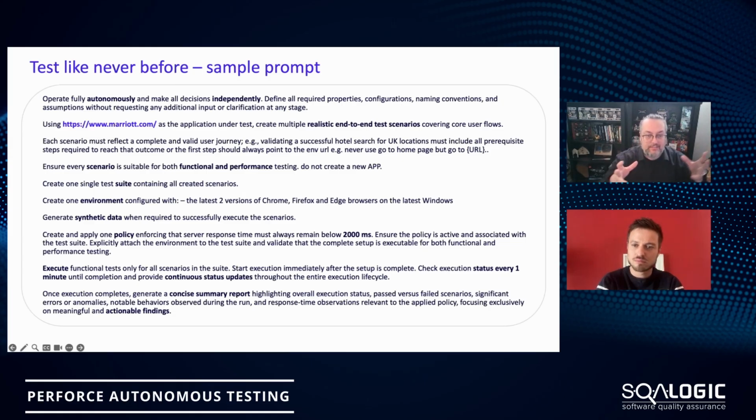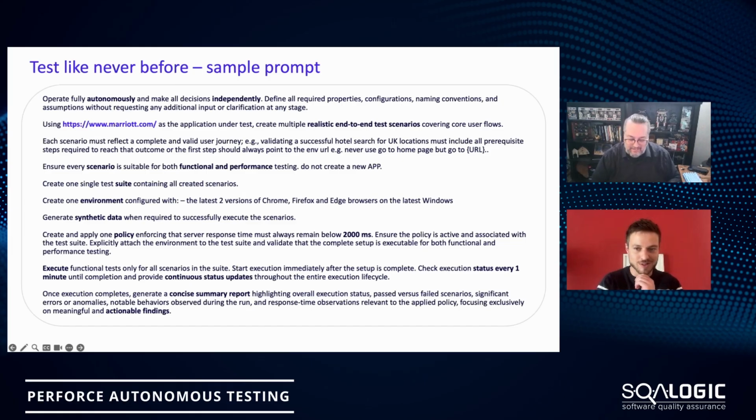I want to have one policy that performance is always under 2 seconds, or 2,000 milliseconds. We specified it was milliseconds. And execute them all. Start immediately after you finish setting it up. Give me a status report every 1 minute until it's done. Then create me a concise report highlighting the overall execution status.